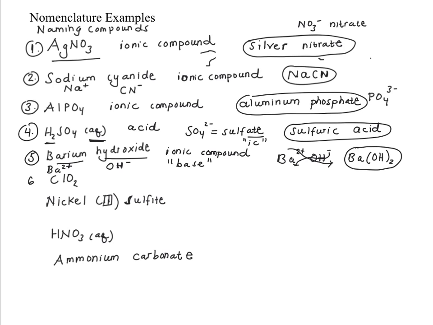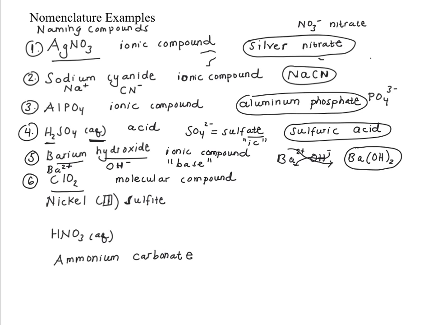In the next problem, we have ClO2. This is not an ion. This is classified as a molecular compound because it's consisting of nonmetals. And since it's a molecular compound, we have to use prefixes.